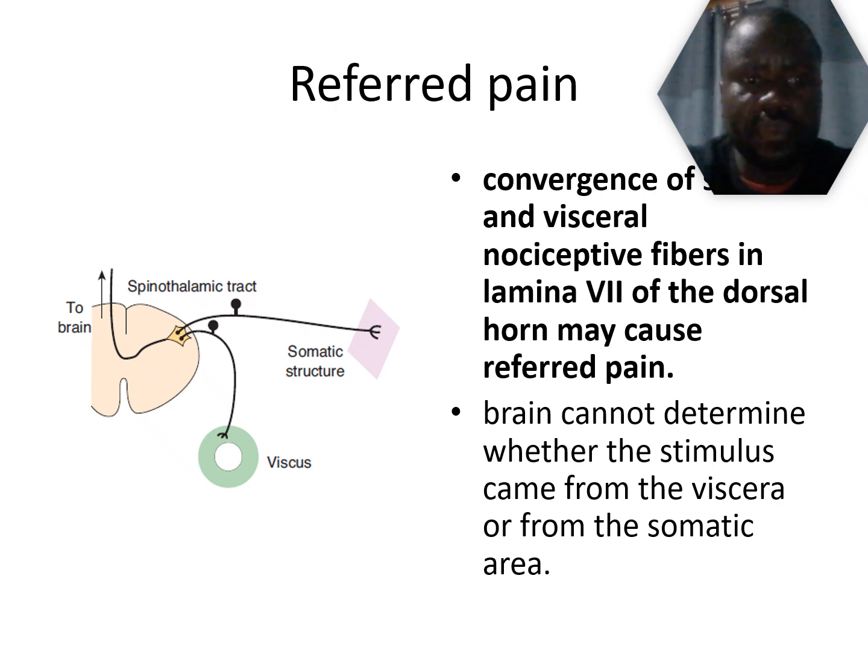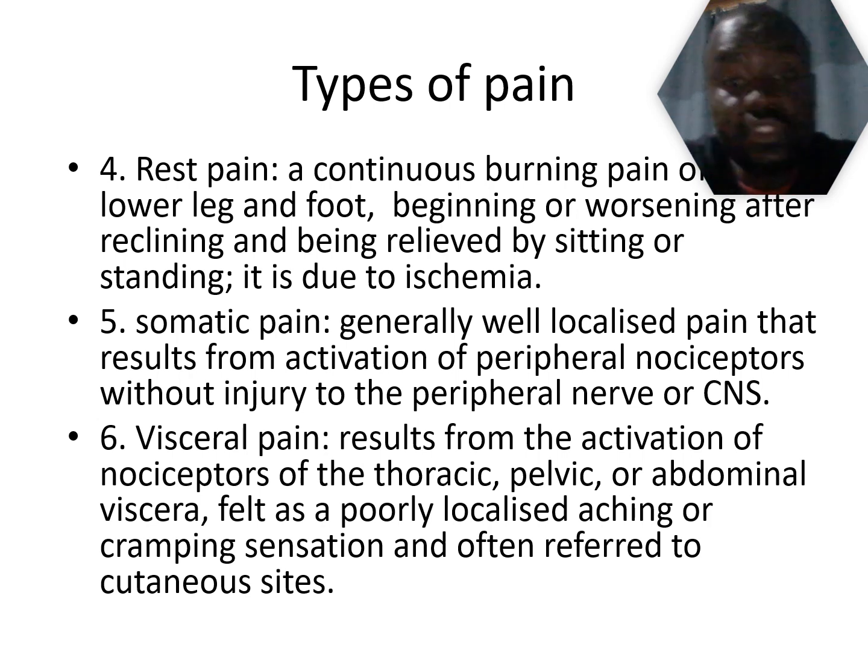So the projection neuron that stimulates the sense areas in the brain is unable to pick where this is coming from. Usually it is directed to the external or skeletal muscles. For example, instead of interpreting that this pain is coming from the heart, it is interpreted as coming from the neck, because the neck muscles and the heart muscles could be having the same convergence on the projection neuron.